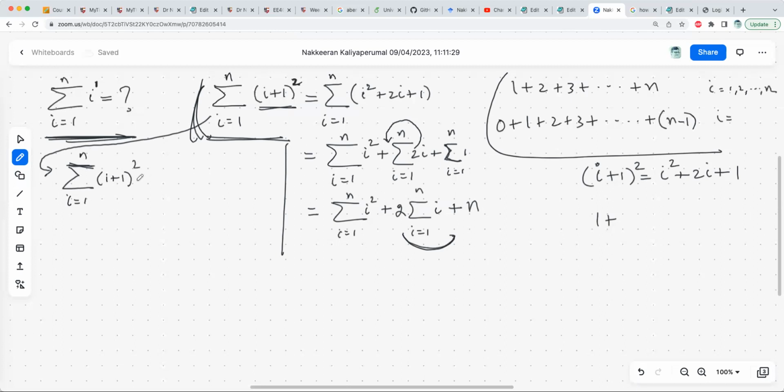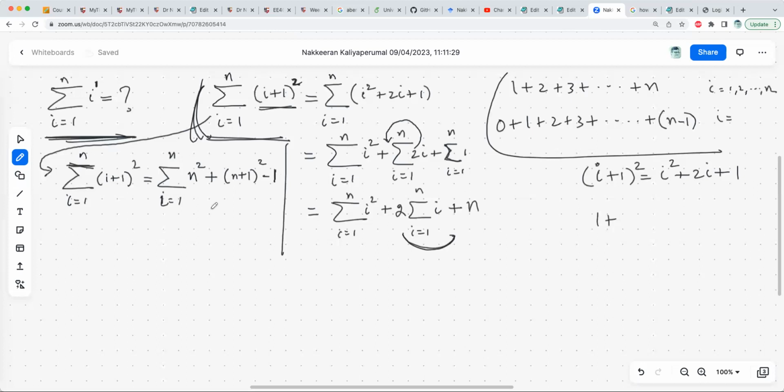What I'm going to write is that this is actually equal to summation i running from 1 to n of i squared plus, separately, (n plus 1) whole squared minus 1.